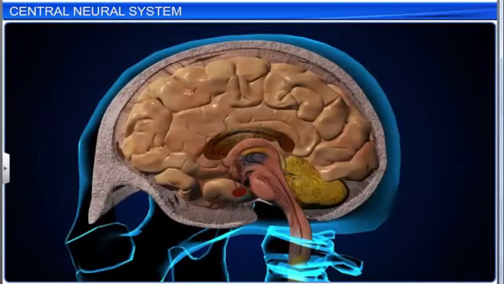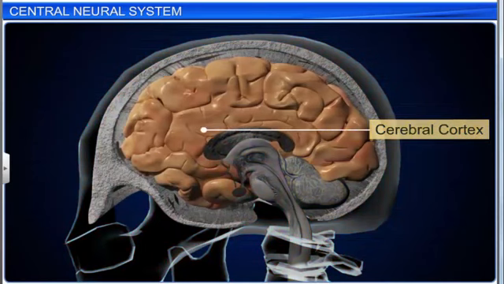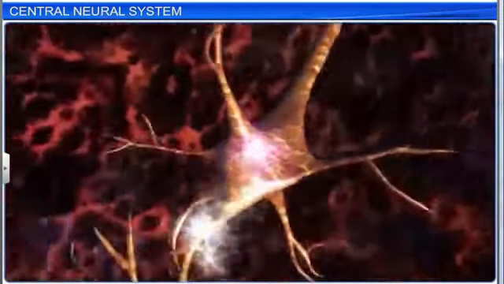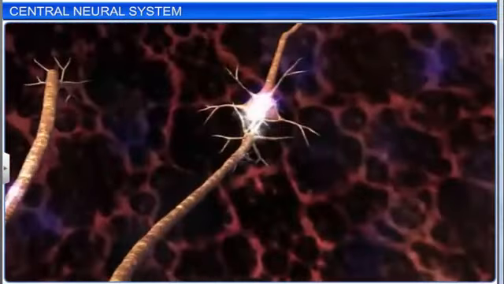The cerebral hemispheres are covered with a layer of cells known as the cerebral cortex. It has prominent folds with ridges and depressions called gyri and sulci respectively. The neuron cell bodies concentrated in the cerebral hemispheres lend a grey color to the region.